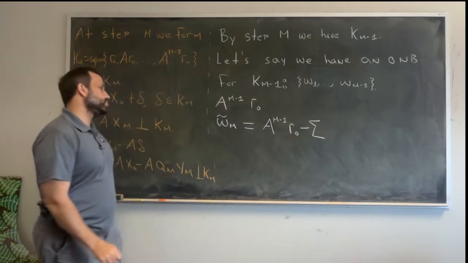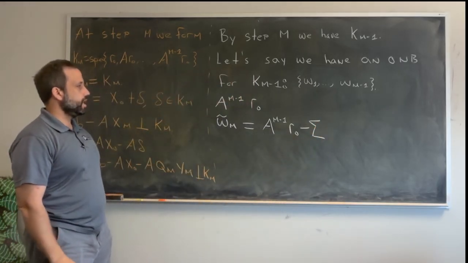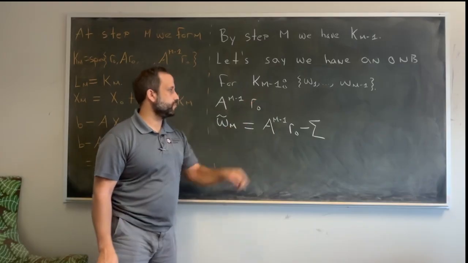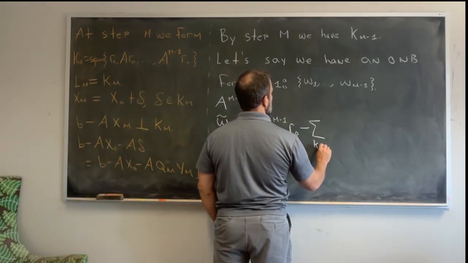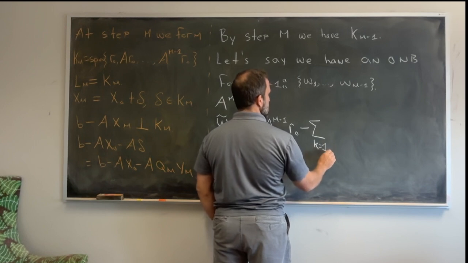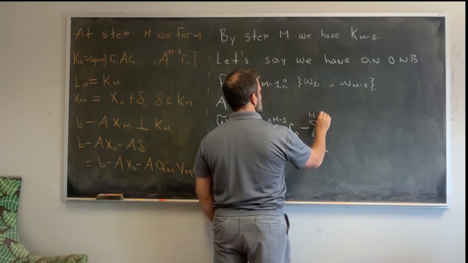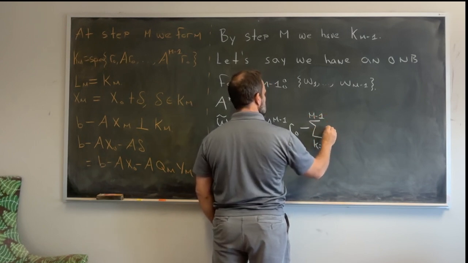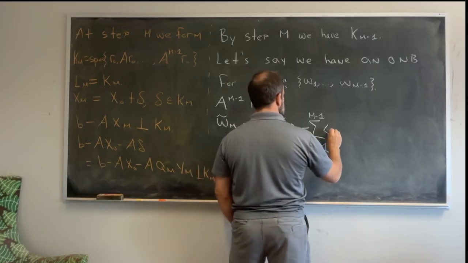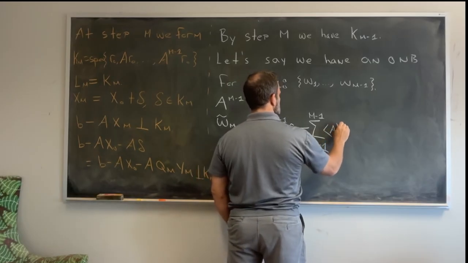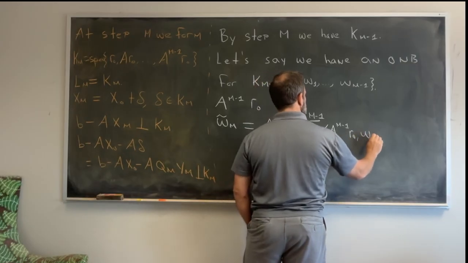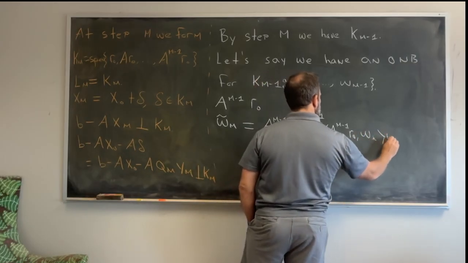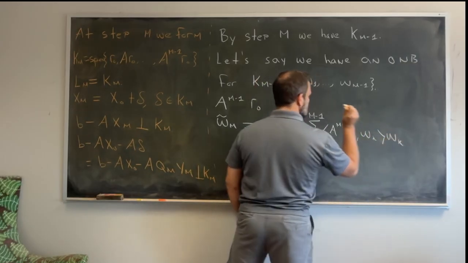And now I'm going to subtract off the projection of this vector onto the previous vectors. So we're going to look at the sum from k equals 1 to m minus 1 of the inner product of A to the m minus 1 r naught with wk, times wk.